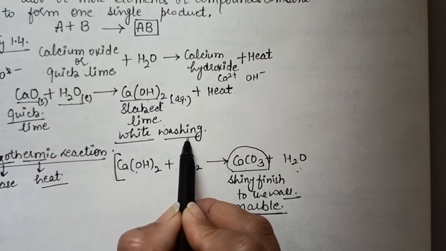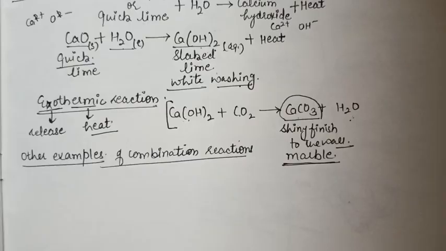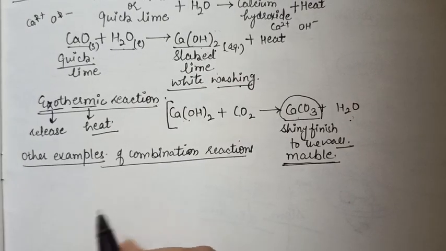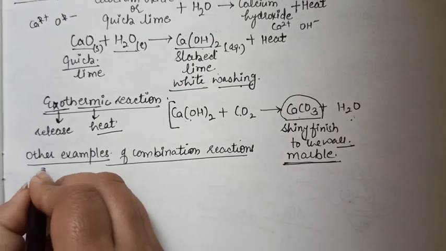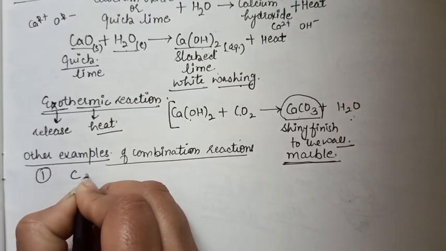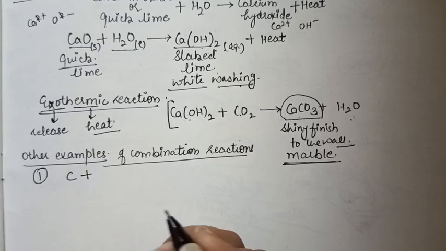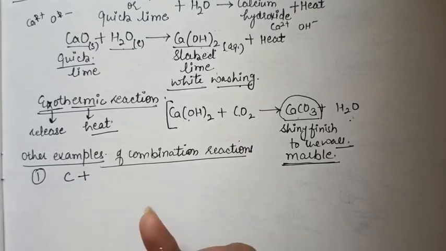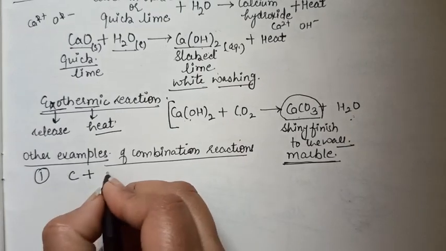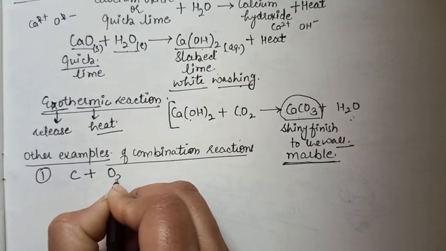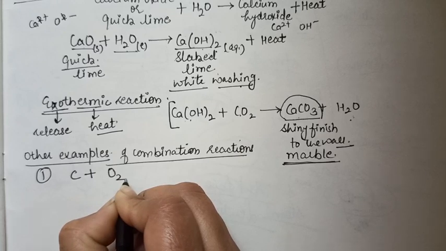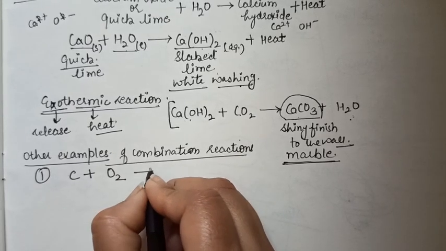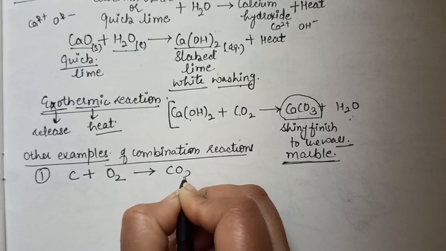Now we will discuss some more examples of combination reactions. One is the burning of carbon or coal. Carbon is there in wood, coal, coke, charcoal. When it burns, it means it reacts with oxygen and gives carbon dioxide.